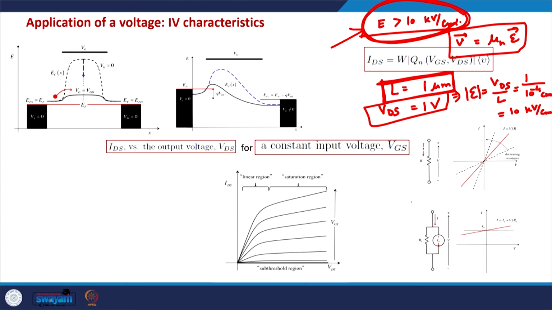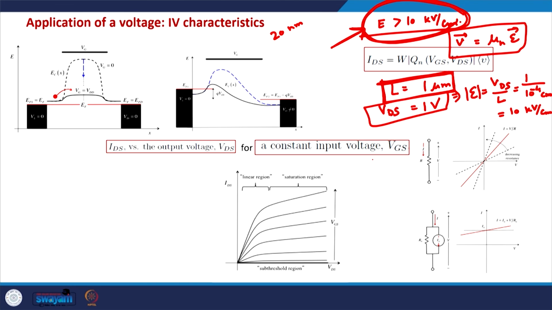So in sub-micrometer MOSFETs, the electric field may be well above 10 kilovolt per centimeter, and in MOSFETs where the channel length is 20 nanometers or 40 nanometers, it is extremely high compared to this value.